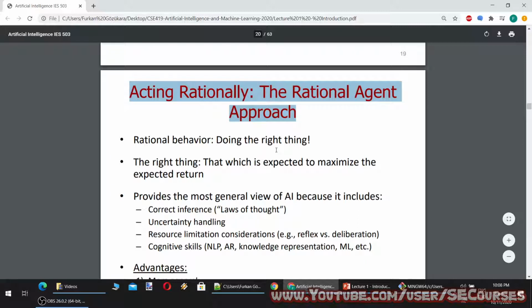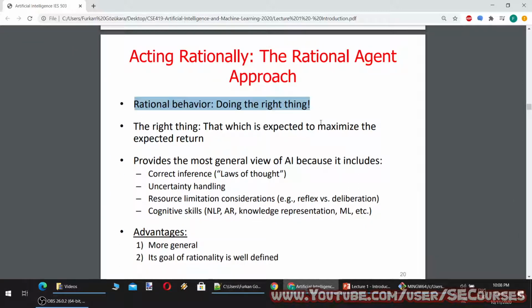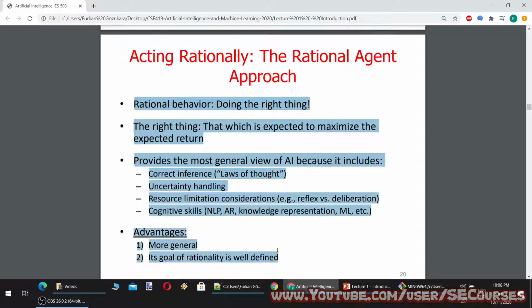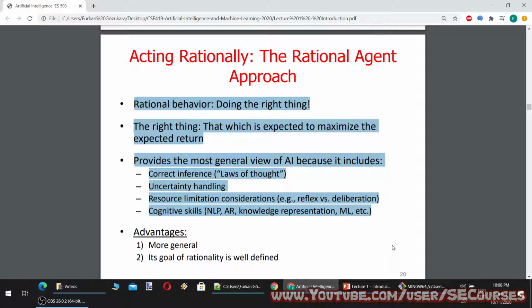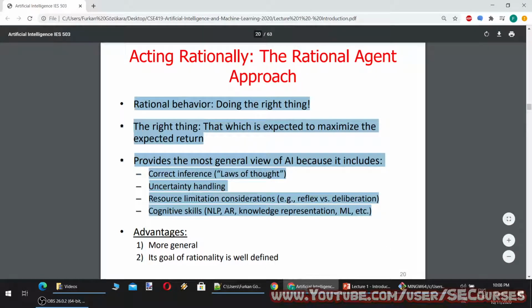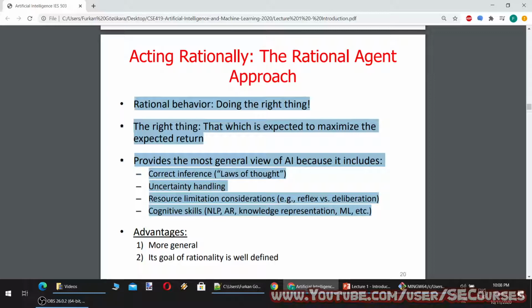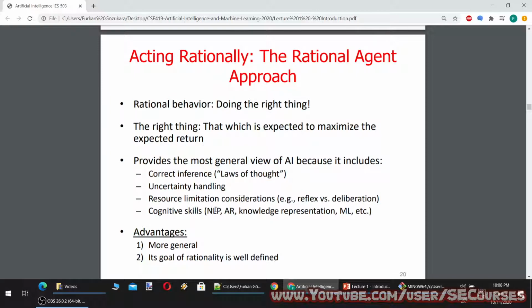Acting rationally. The rational agent approach. Rational behavior: doing the right thing. The right thing is that which is expected to maximize the expected return. It provides the most general view of AI because it includes correct inference, laws of thought, uncertainty handling, resource limitation considerations, e.g., reflex versus deliberation, cognitive skills, NLP, automated reasoning, knowledge representation, ML, etc. So NLP is natural language processing.